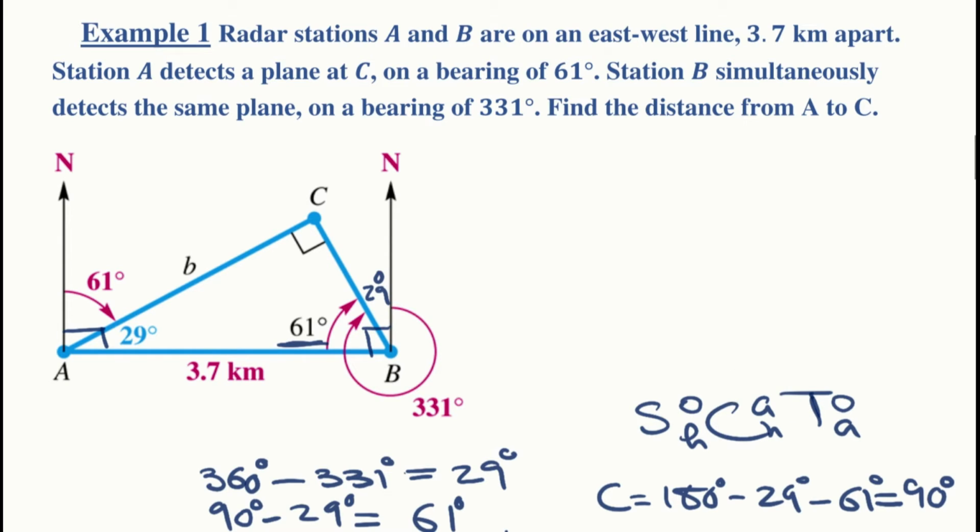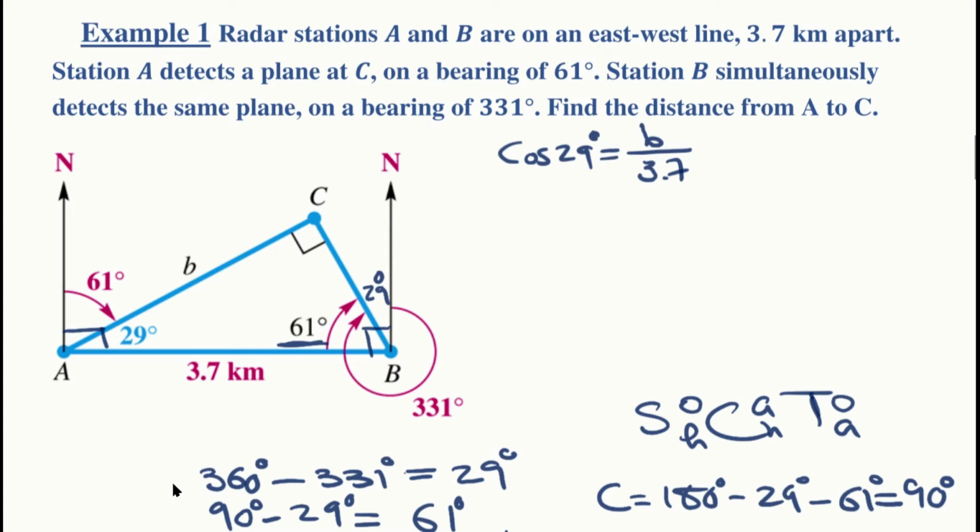All right, so if I set up the cosine of 29 degrees, I know that that's going to be adjacent over hypotenuse. Notice that for 29 degrees, the adjacent side will be right there, so it's B, over the hypotenuse, which is the side opposite the 90-degree angle, which is 3.7, right?